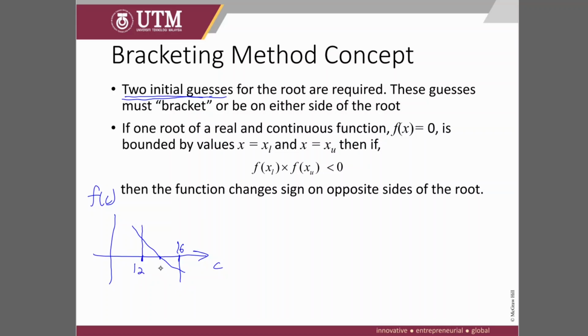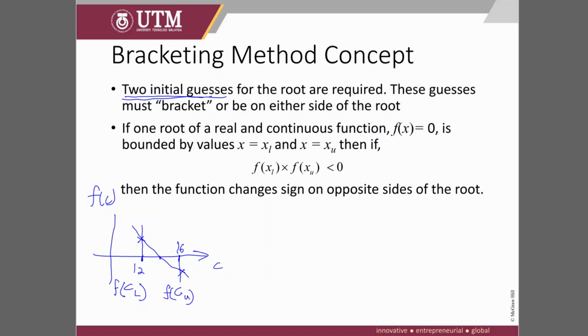How do we know there's a root? Let's say this is the lower limit, so x at L, or in this case, c lower and c upper. C lower is the left hand bracket, c upper is the right hand bracket, and we note that in this case, f(c lower) is positive and f(c upper) is negative.